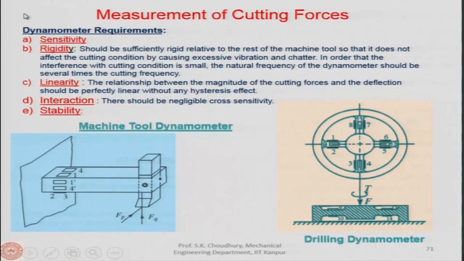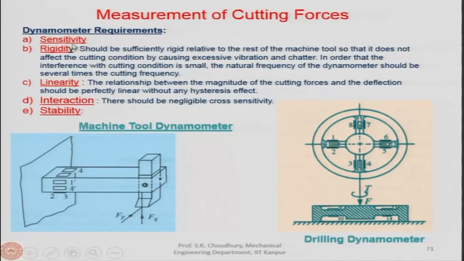Now, for the measurement of cutting forces, the dynamometers that are used have certain requirements. Whatever the dynamometer is, whether it is a ring type dynamometer, or a cantilever beam dynamometer, or an octagonal dynamometer, all these requirements should be there.